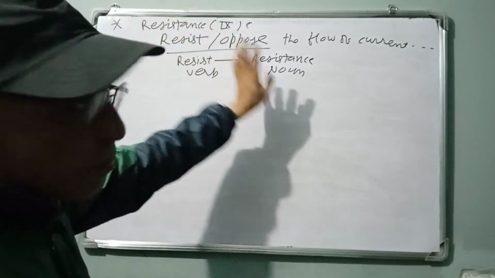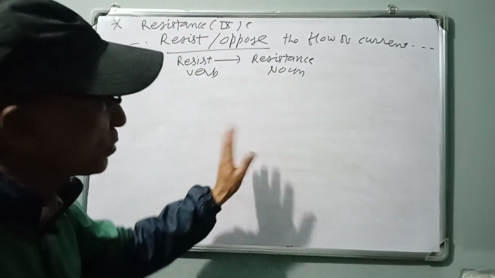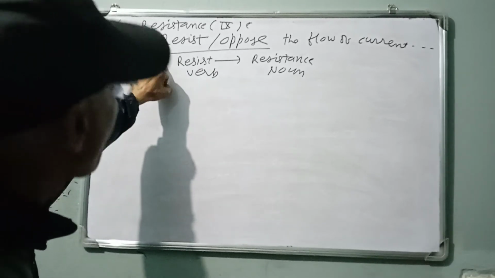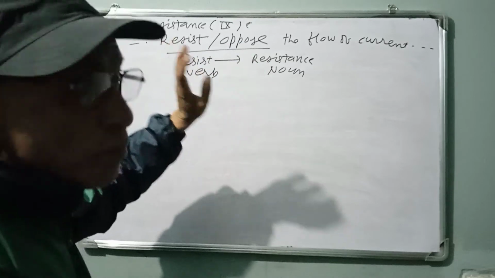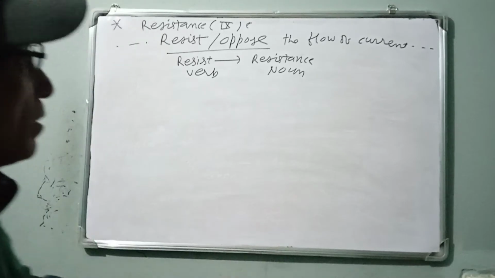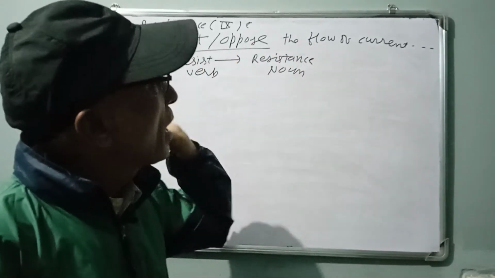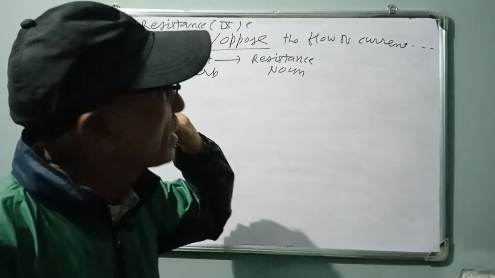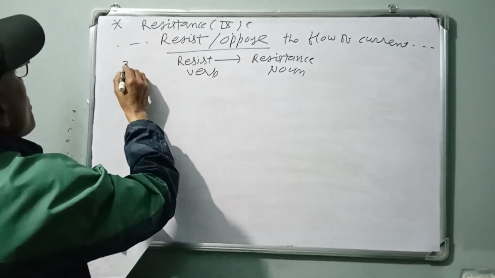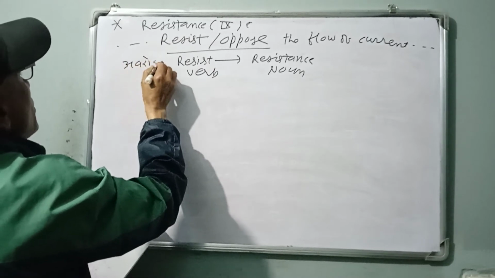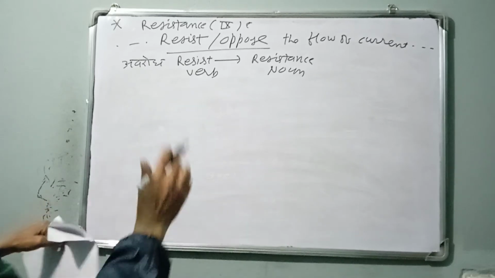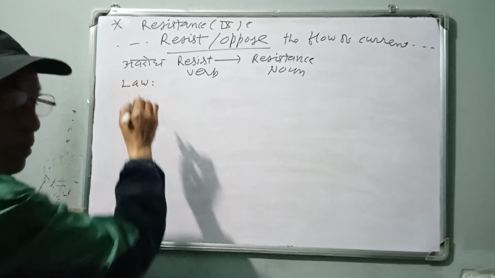So resistance of a substance, conductor, insulator or any material is the special property of the body due to which it opposes or it stops the flow of current electricity. अर्थात् कन्डक्टरमा बगिरहेको करेन्ट रोक्ने क्षमतालाई भन्छ. यसलाई भन्छ हामी रेजिस्टेन्स, अवरोध. अवरोध खडा गर्नु, डिस्टर्ब गर्नु, रेजिस्टेन्स. ल, यसको ल चाहिँ I will write down later on.